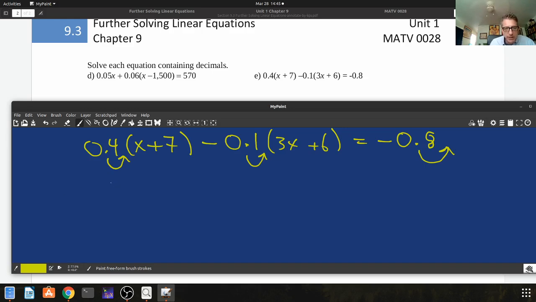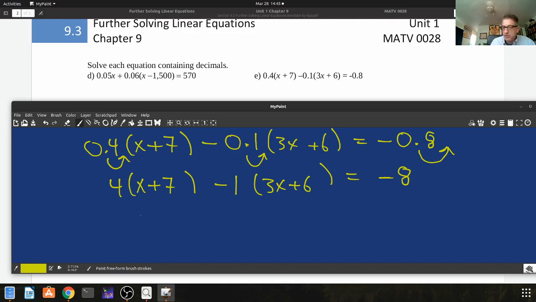So this is going to give me 4 times x plus 7. This is going to be minus 1 times 3x plus 6. And this is going to be equal to minus 8 because I moved the decimal place 1.